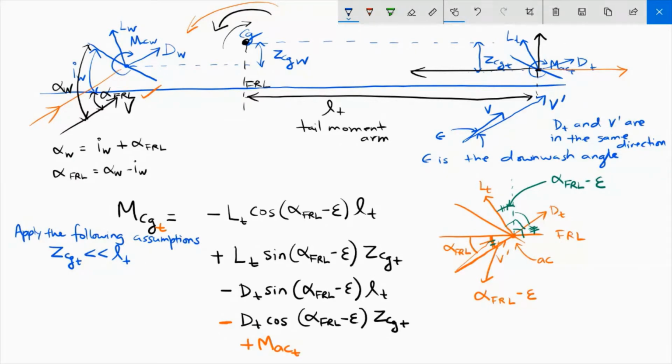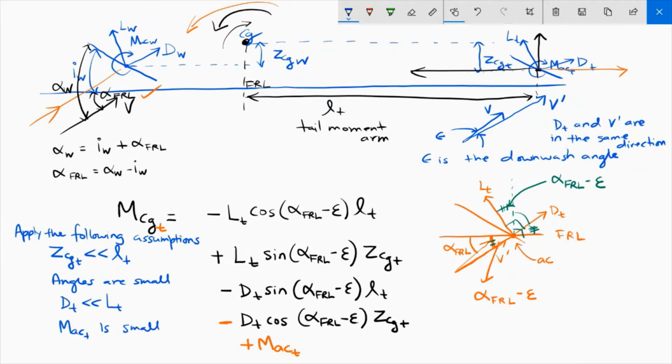We should also assume that the angles are very small, and the drag on the tail is very small in comparison to the lift. And we will also assume that the moment about the aerodynamic center of the tail is small.